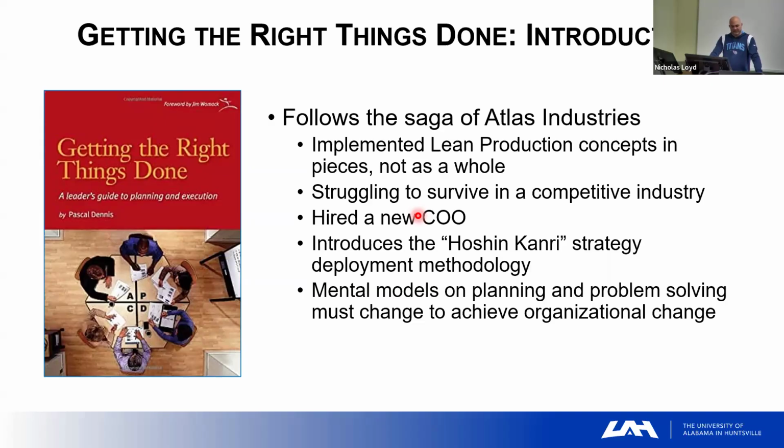and they were about to go out of business. The CEO was actually looking at selling the company, but then he hired a COO with a lean background who introduces strategic planning. And through that, they kind of follow them. It's in a novel form, so you get introduced to characters and a story while it's introducing the strategic planning process.